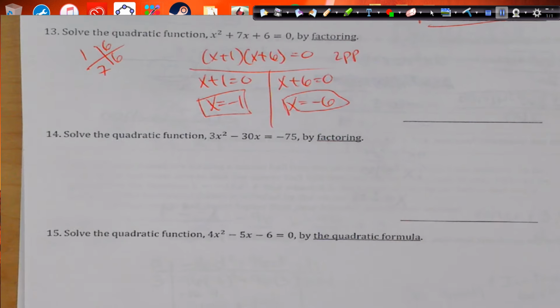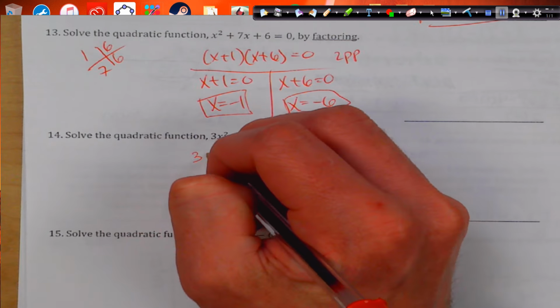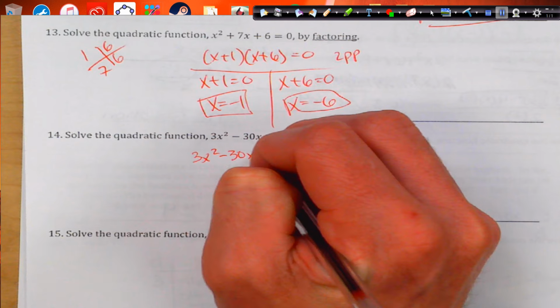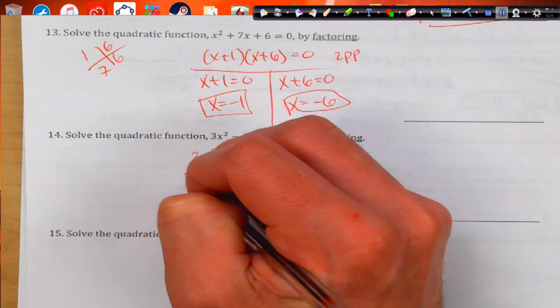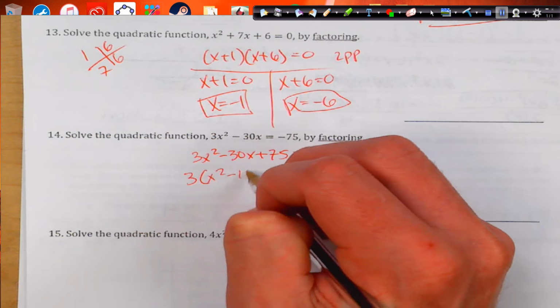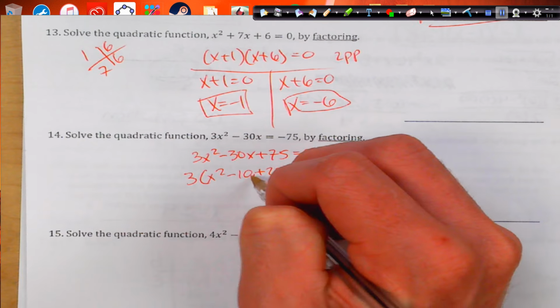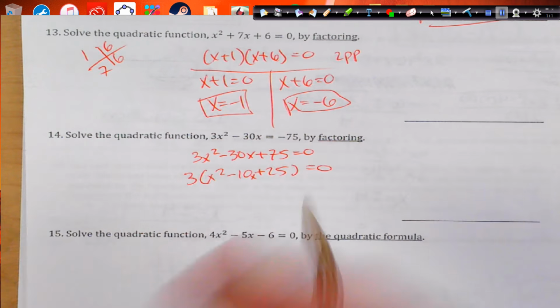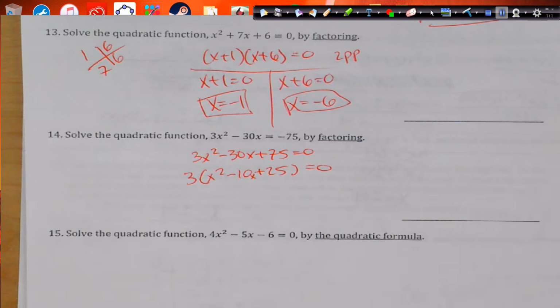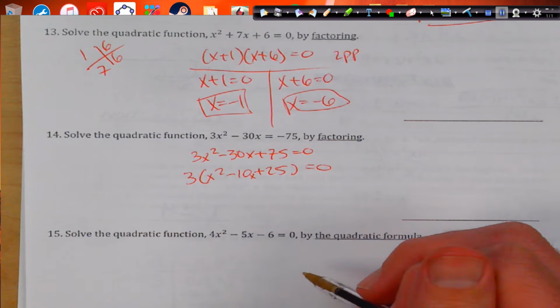This one's also a factoring, so we're going to add the 75 over. I'm going to factor a 3 out, which gives me x squared minus 10x plus 25. I could divide both sides by 3 and then just basically eliminate it, which is fine.